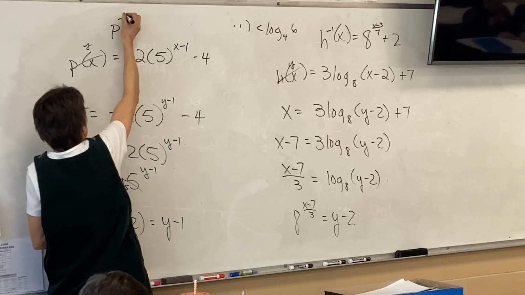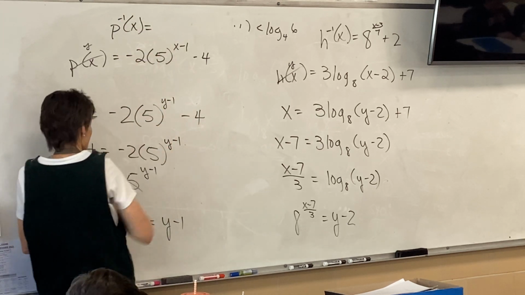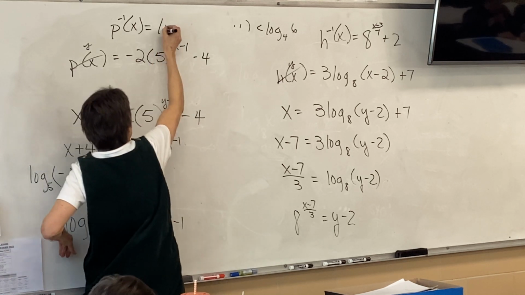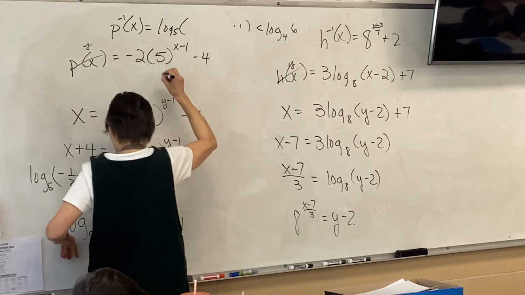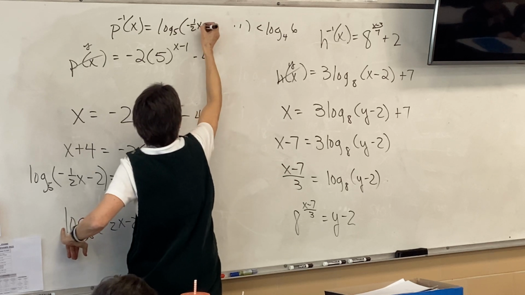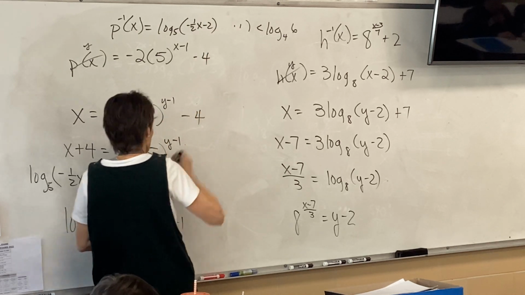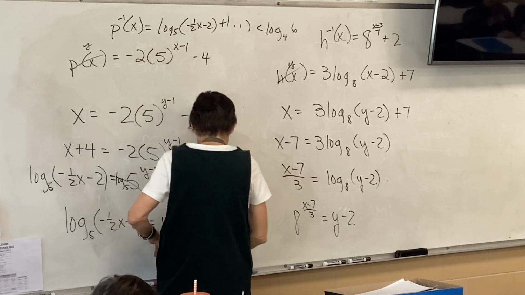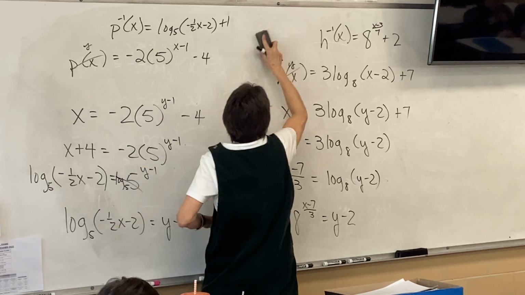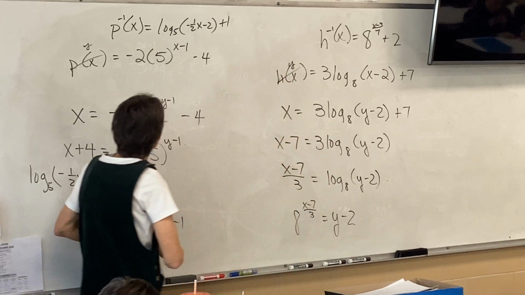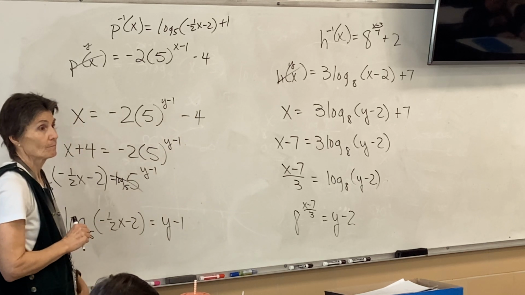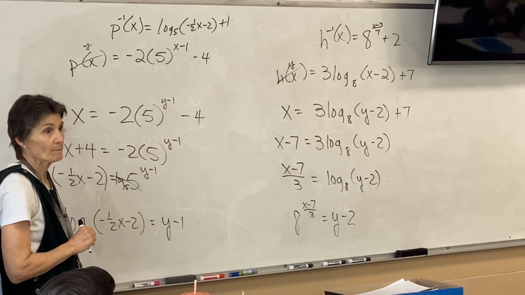So my inverse, using my inverse notation, will be the log base 5 of (-1/2 x minus 2) plus 1. Is that okay with everybody?